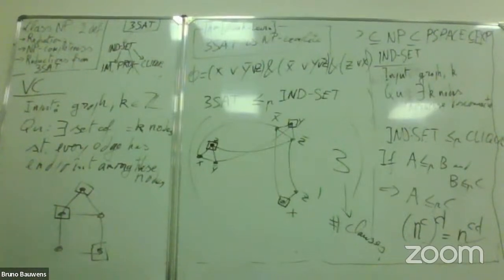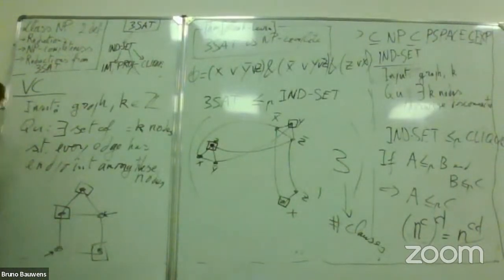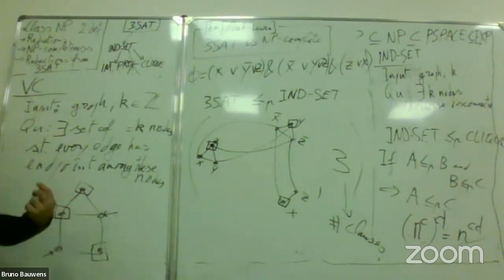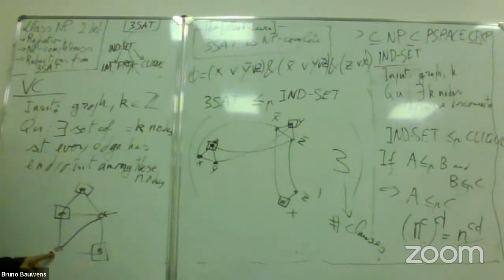Now let us look at the nodes that are not in the vertex cover. There are 2 of them and they are not connected. And this is very logical. Imagine they were connected, then the edge between them would not be covered, so the selected nodes would not be a vertex cover.